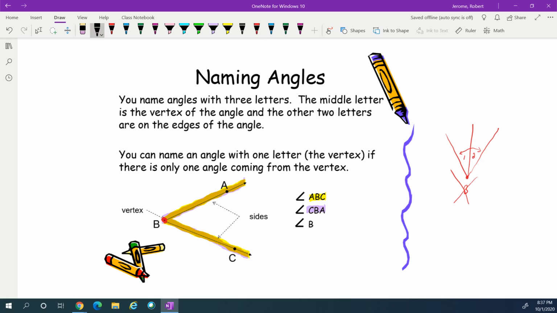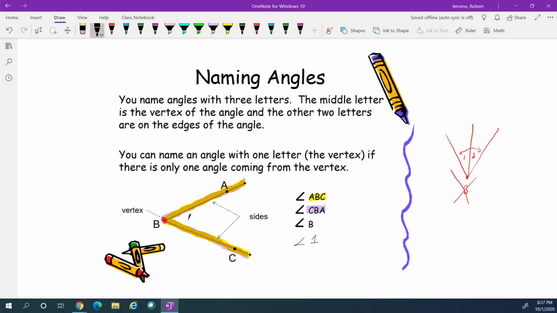Sometimes what they'll do is they'll give us a little reference number inside of it, and we can call it like angle 1. So they might put a little number in there, 1, 2, 3, and it's a reference. So it's like a nickname or a shortened name.